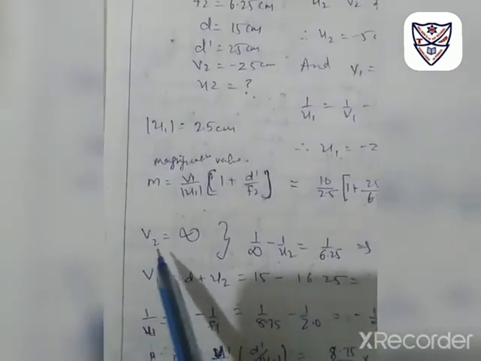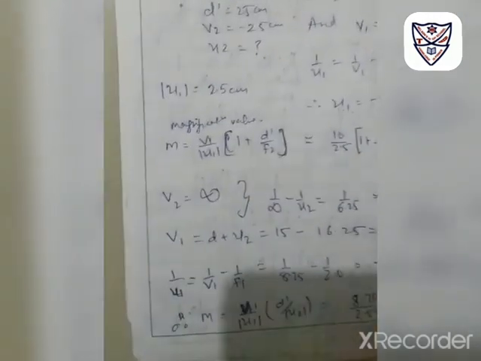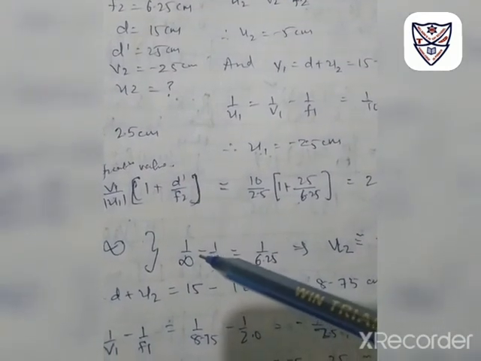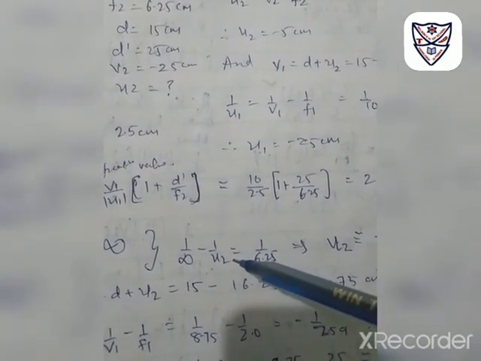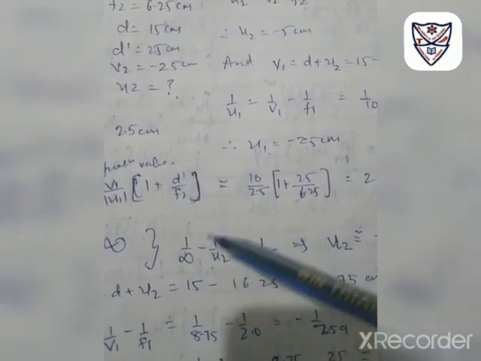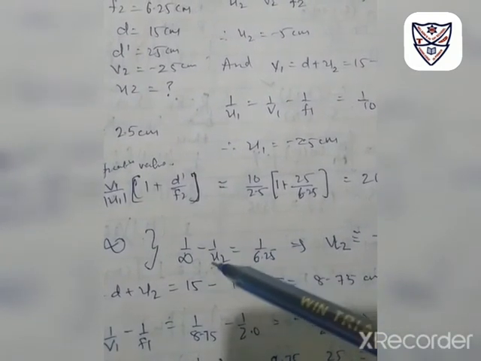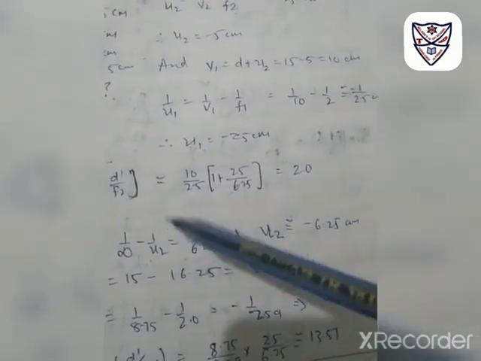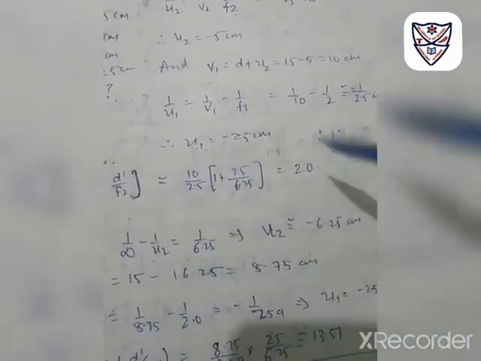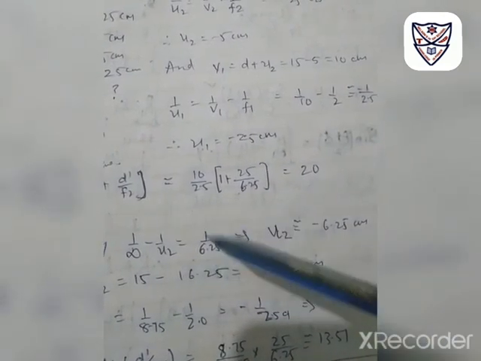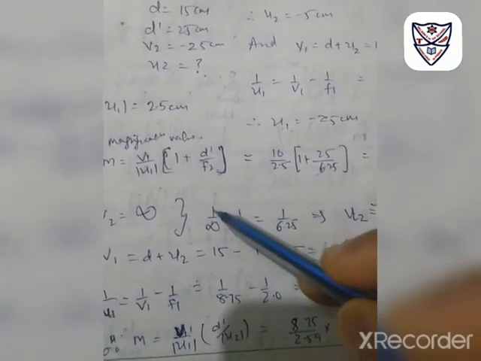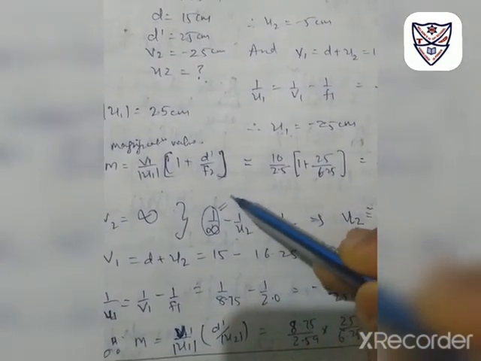Now next time what you are taking is the object at infinity position, so using the same mirror formula, my u2 becomes infinity. Of v2 and u2, one is the unknown term, so minus infinity if we do, 1 upon infinity will become 0, so this term will be equal to 0 and only u2 will be your minus 6.25.